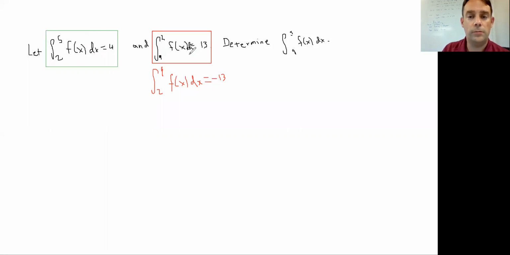So if I take my 2 to 5, and I'm going to add 5 to 9, because I got to get up to my upper bound on my red one, then that should get me the entire way across.